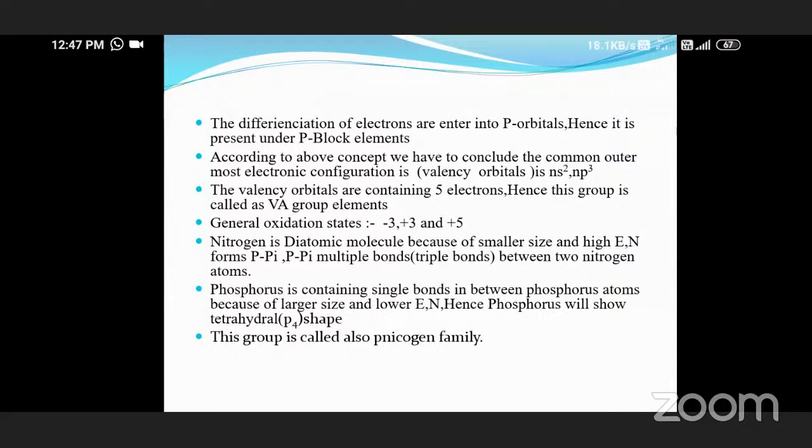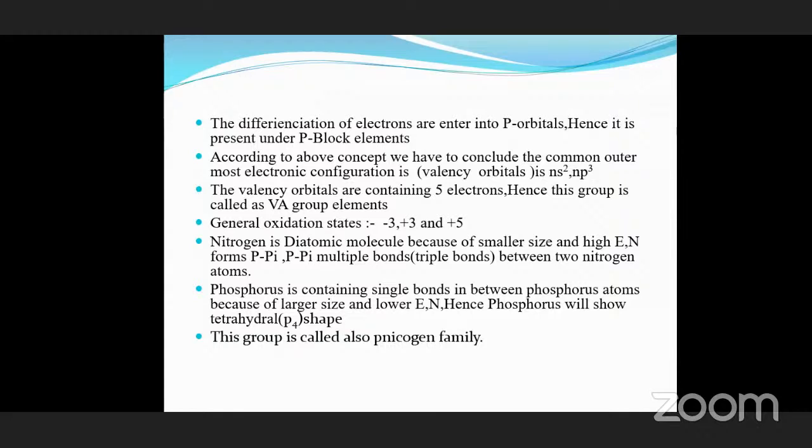Then second, according to the above concept, we conclude the common outermost electronic configuration, that is the valency orbital ns2 np3. I told you the 15th group elements are also called fifth group elements. Why?